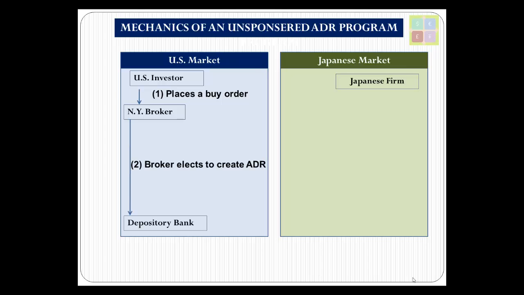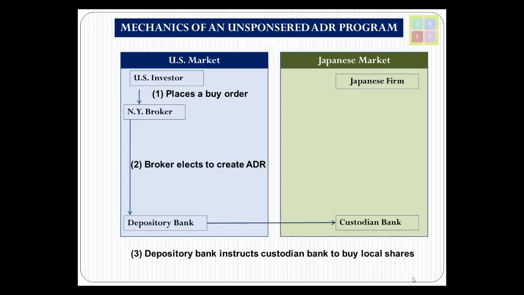And step number 2, the broker elects to create ADRs and contacts the depository bank. Step number 3, the depository bank instructs custodian bank to buy local shares.